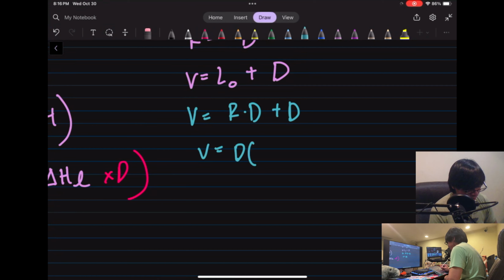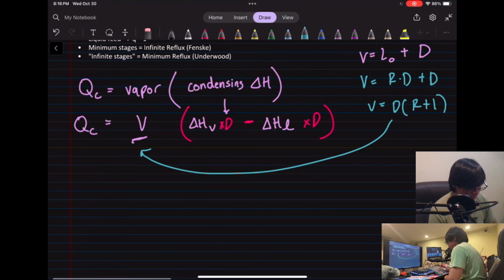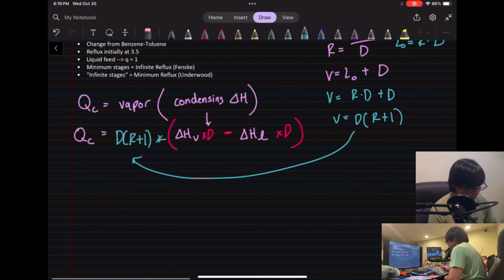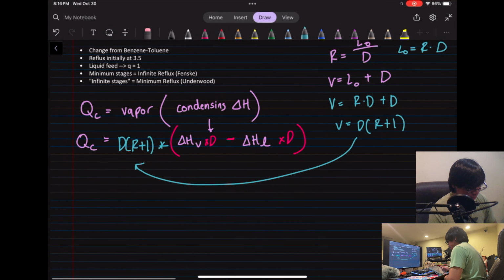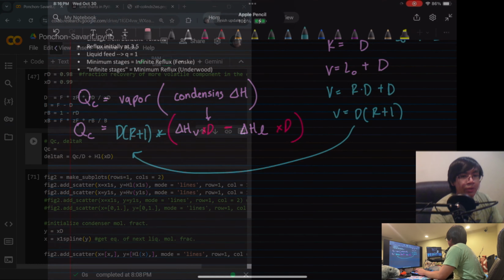So D(R + 1). And that just gets shoved right there. So I can just rewrite that, honestly. D(R + 1). Multiply. Okay, I think that's it. Yeah, let's try it.